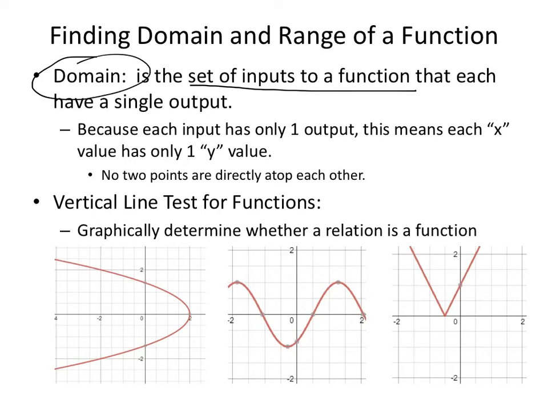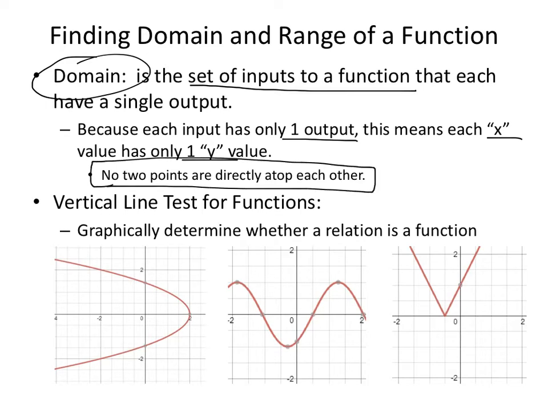Okay? So what this means is because each input has only one output, each x is only going to have one y value. Therefore, we can have no two points that lie directly atop each other. So if we're looking at a graph, this would never happen.